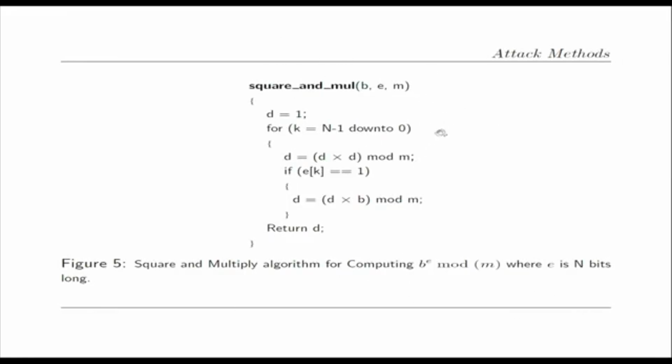For this we know the square and multiply method. Every time we square, and we multiply if there is a 1. If we observe the time in this loop, and this loop is taking more time, then we guess that the corresponding bit is 1.